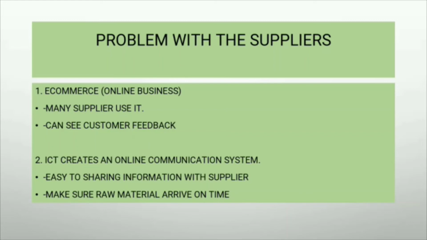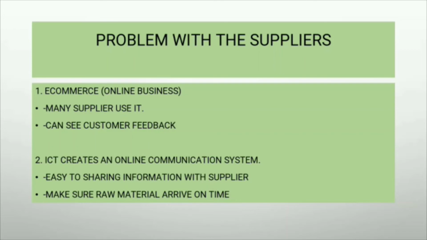This also saves their time, and if they feel hesitant about the quality or do not trust the supplier, they can check the customer feedback through the comments of previous customers at the e-commerce website. So, it will help them to find a trusted supplier for the raw material.